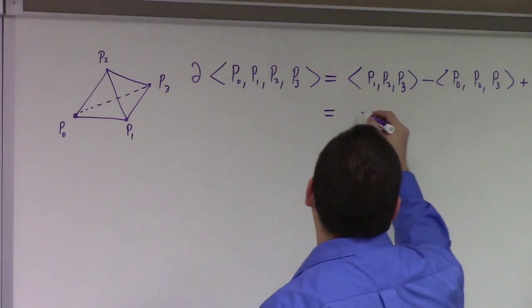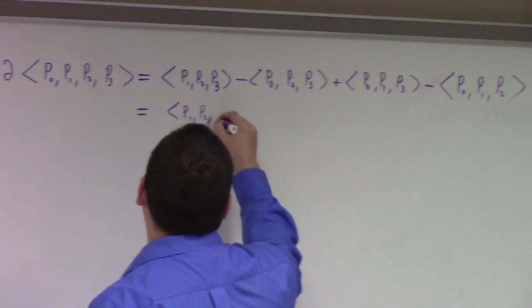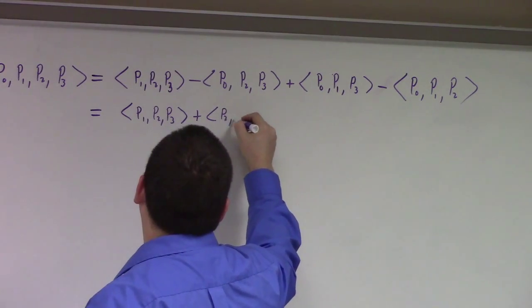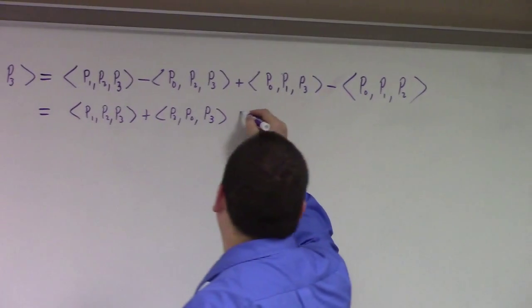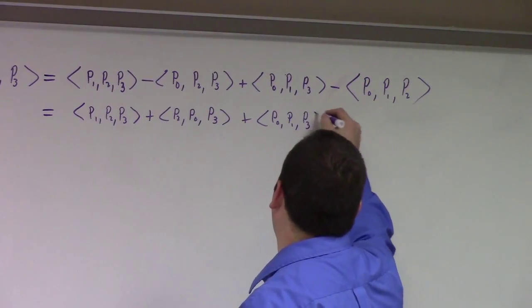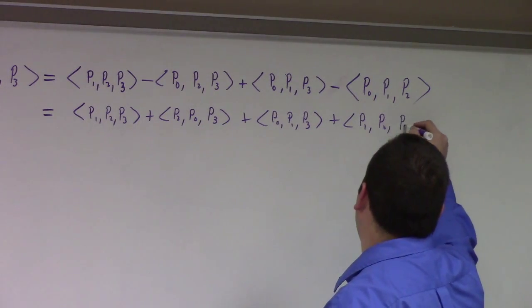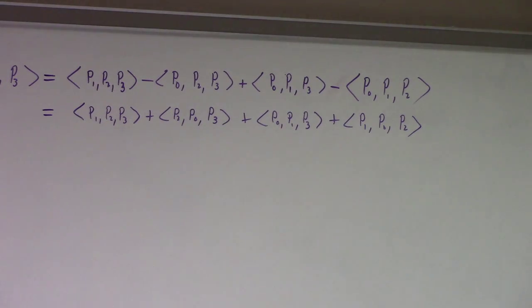Now let's see here. If I just flip a couple things here, I got P1P2P3 plus P2P0P3 plus P0P1P3 plus P1P0P2. Let's see if we can visualize those on the tetrahedron.